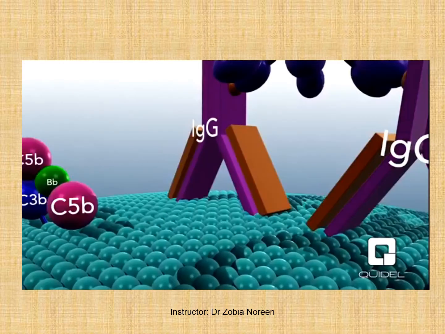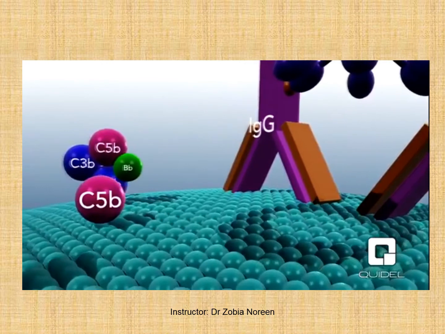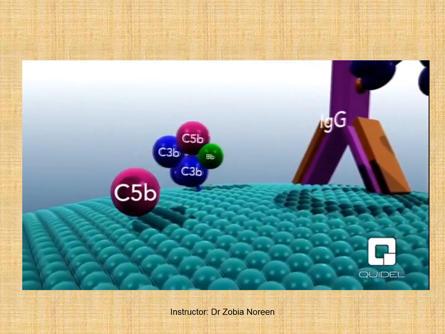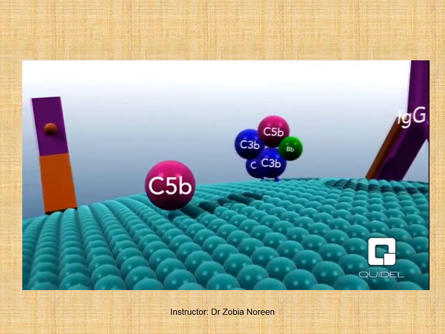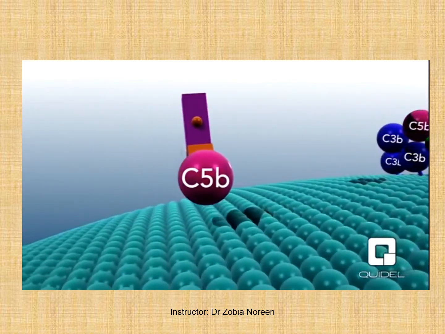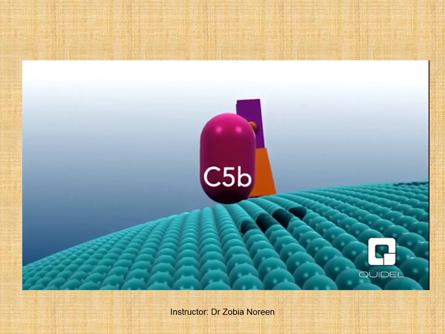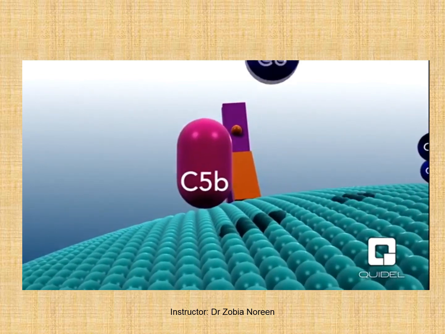Now let us see how the membrane attack complex is formed and how it results in lysis of the microbial cell with the help of this animation. Lysis of cells by the complement system is mediated by a large macromolecular structure called the membrane attack complex, or MAC. The MAC is formed through what is called the terminal complement pathway, which starts with the generation of C5b.